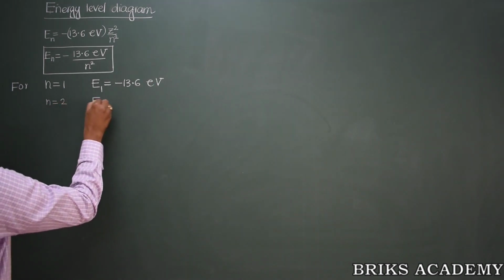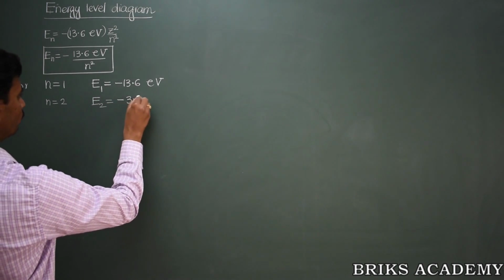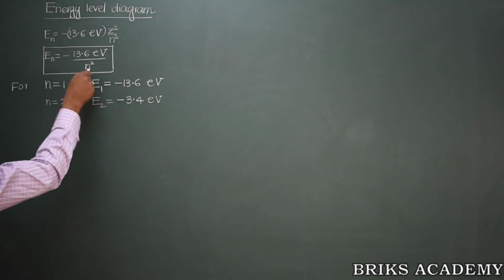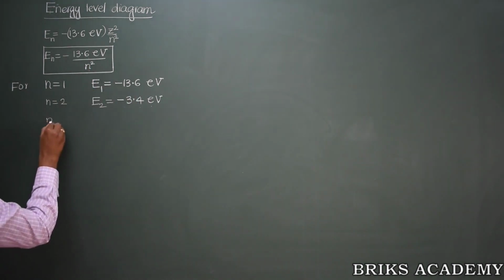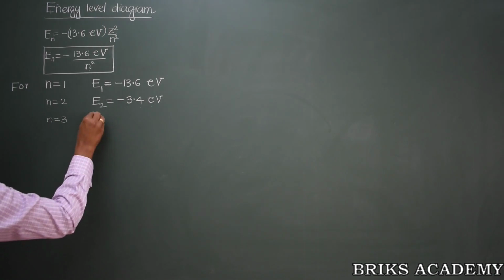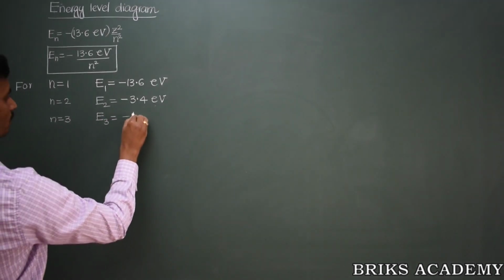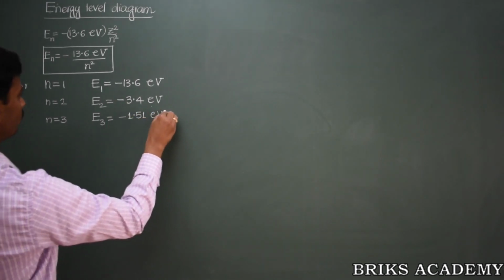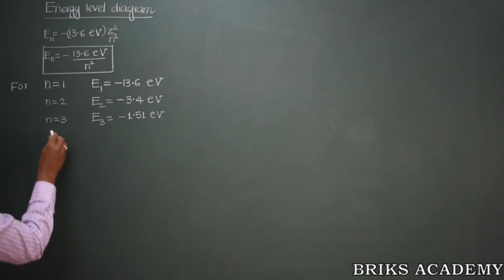For the second orbit, E2 is equal to minus 3.4 electron volt, that is, 13.6 divided by 2 square gives minus 3.4 electron volt. Go to the third orbit now. The energy in the third orbit, E3, is equal to minus 1.51 electron volt. What are we doing? We are dividing this by 3 square, minus 1.51.